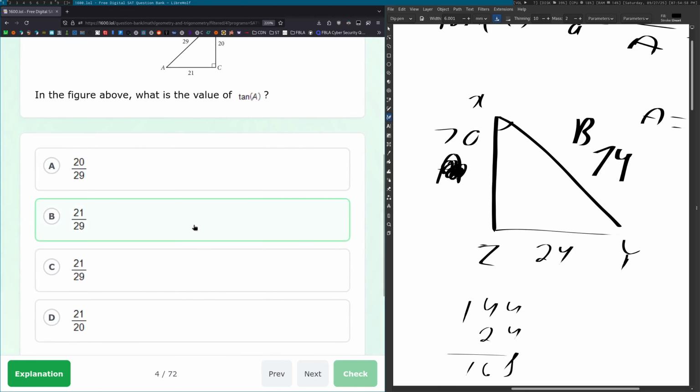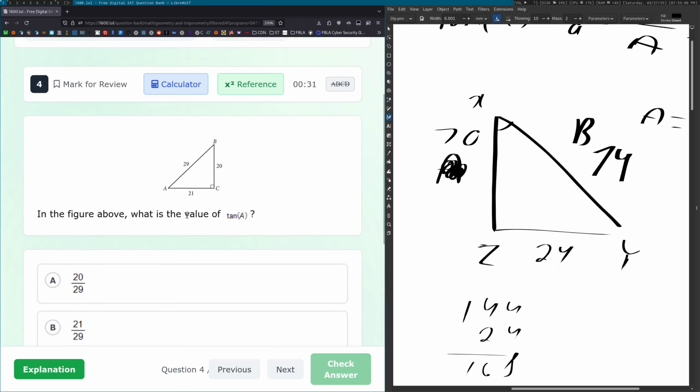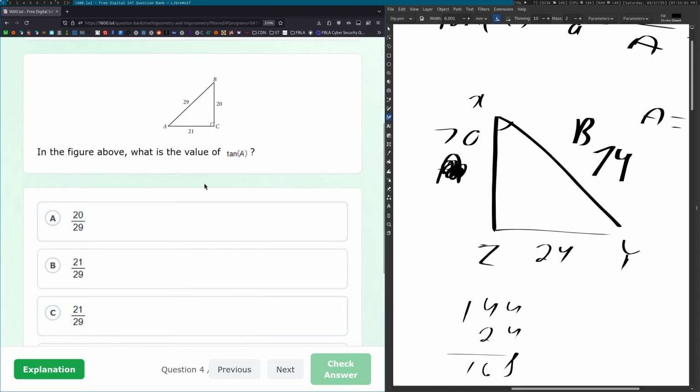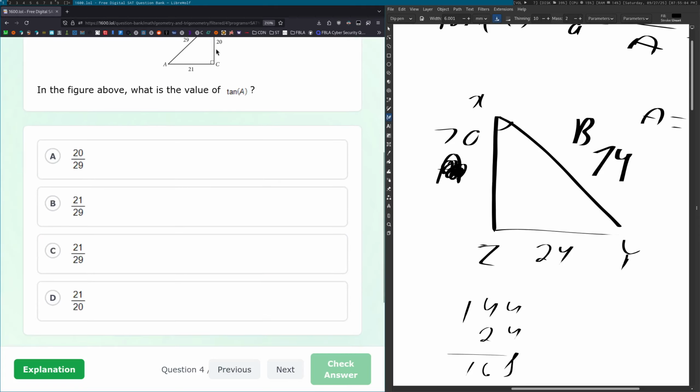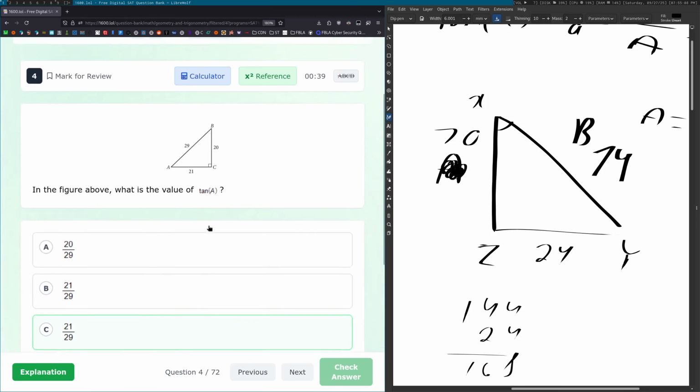And the worst thing is that that's actually not even an answer choice. Like I said, sometimes these have issues, and it's kind of funny that this easy one's the one that has it. So we're going to keep moving on, but the answer should be 20 over 21 since it's opposite over adjacent.